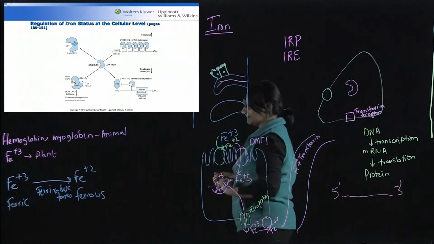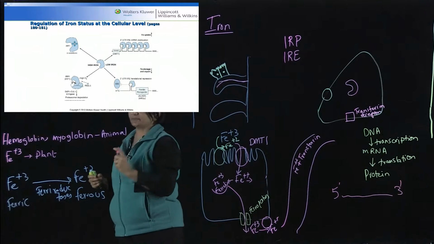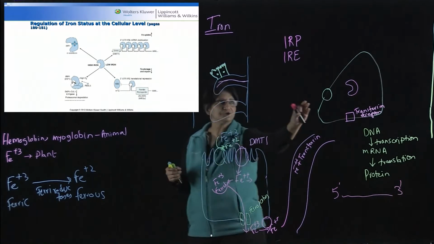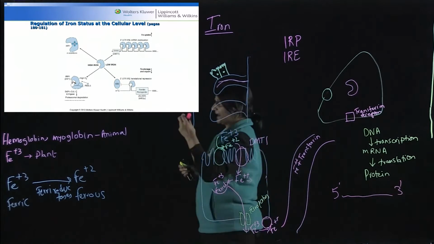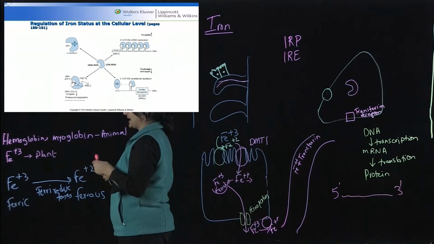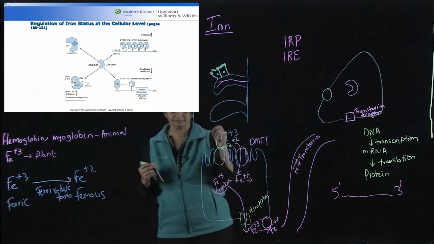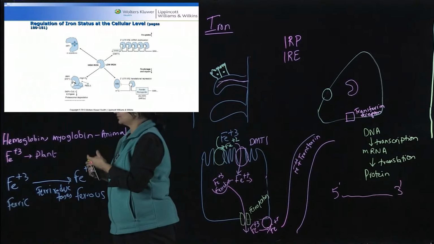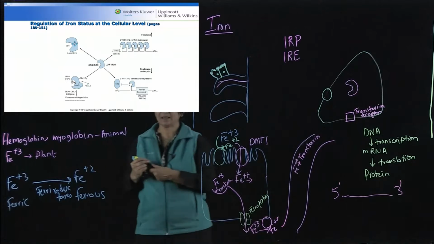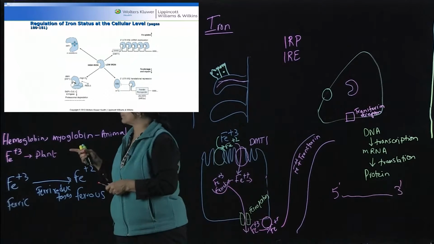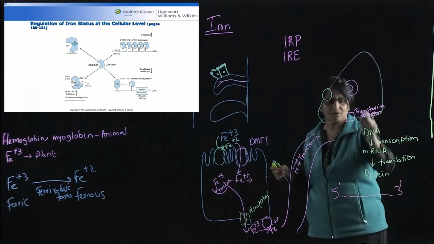So, in this figure, what they're trying to show you is that under low iron circumstances, because there is not enough iron to bind to this iron regulatory protein, it goes ahead and binds to the mRNA of the transporters, that would be the transferrin receptor or DMT1, and this would happen on the 3' end.